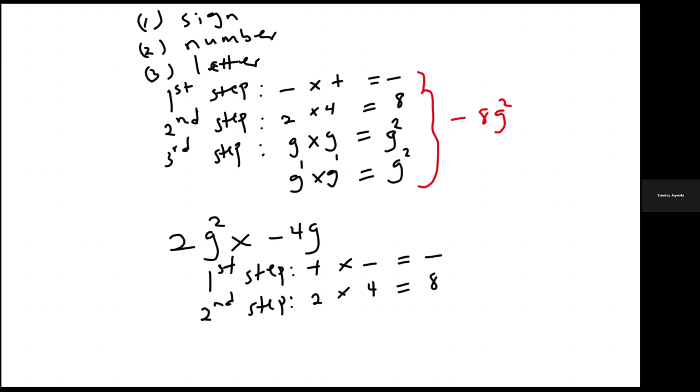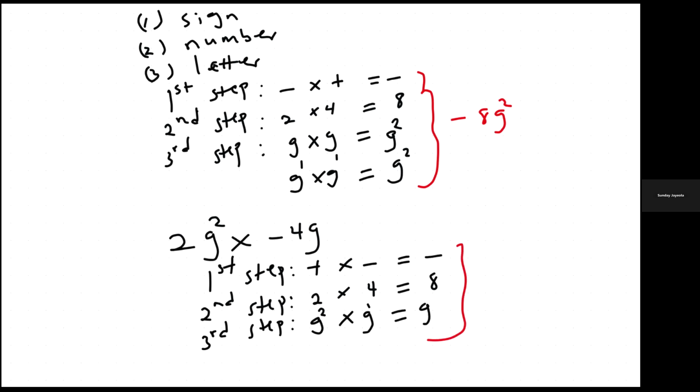And the third one is the letter. We have g raised to power 2 multiplied by g. Like I told us, that g is raised to power 1. So here now, we know our answer because this is g raised to power 3.